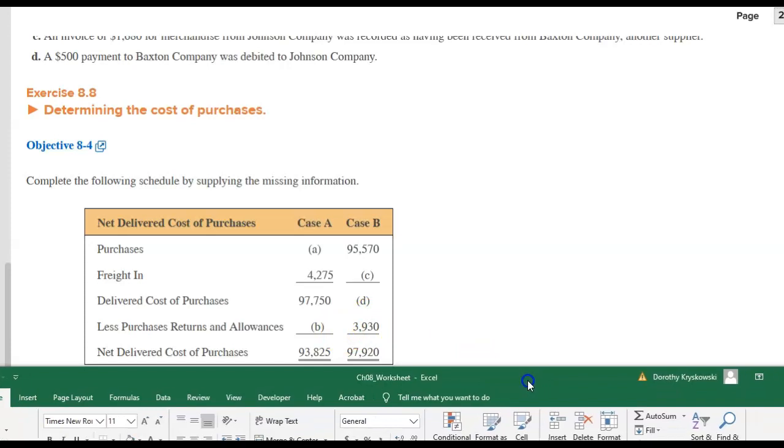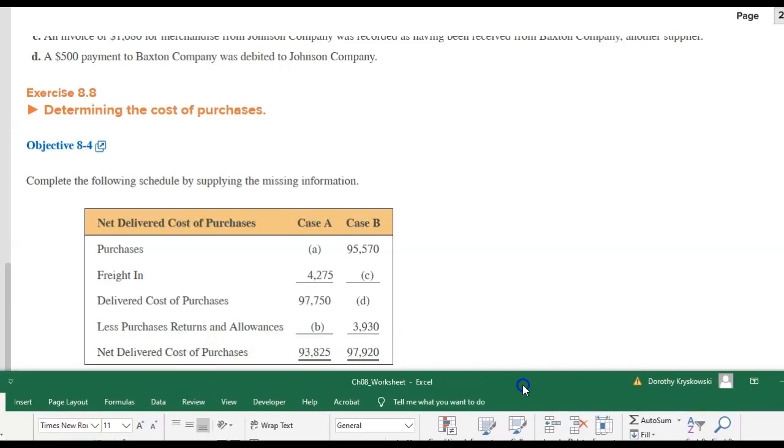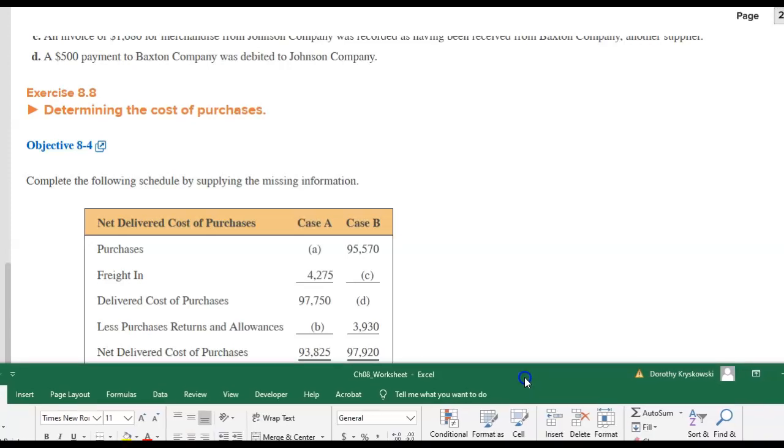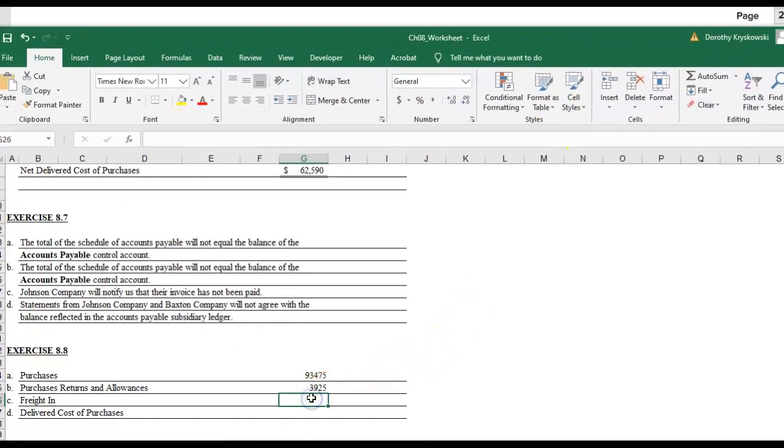Okay, we did A and B. So C over here, the freight in's going to be 97 minus the 3. I've got an amount of 6,280.